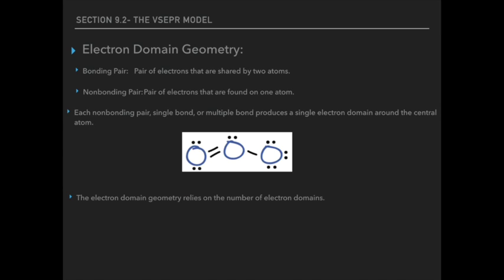The electron domain geometry simply relies on the number of electron domains, and we'll look at examples in just one second. Now, that's the electron domain. The molecular geometry is actually the arrangement of the atoms in a molecule, not the geometry based on the number of electron domains. So let's look at some examples.